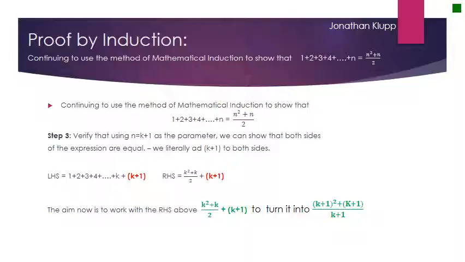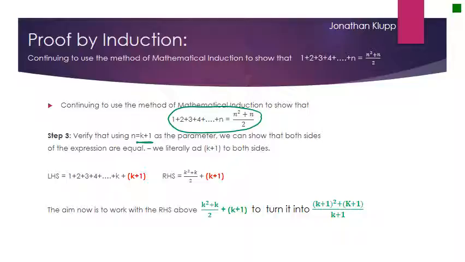So we're going to continue with the proof that a series of numbers added up equals some fancy rule. In the third step, we look at the effect of having a series that now involves a k plus 1th term. In this instance, we do not just go ahead and substitute k plus 1 into something.